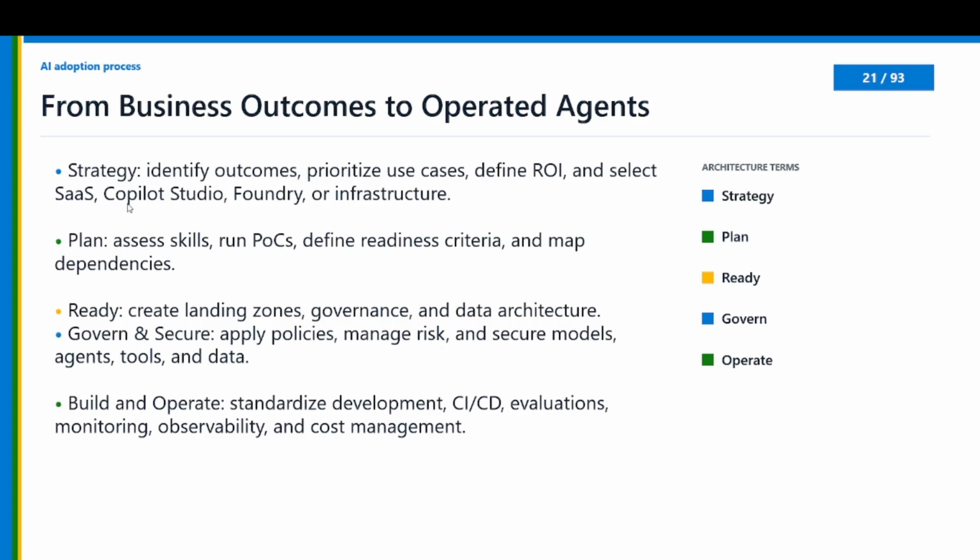So what should you look at when you are explaining the AI adoption process? The first thing you should think of is strategy. Strategy helps you identify outcomes, prioritize use cases, define ROI, and select SaaS, okay, Copilot Studio, Foundry, or infrastructure. So strategy is very, very important.